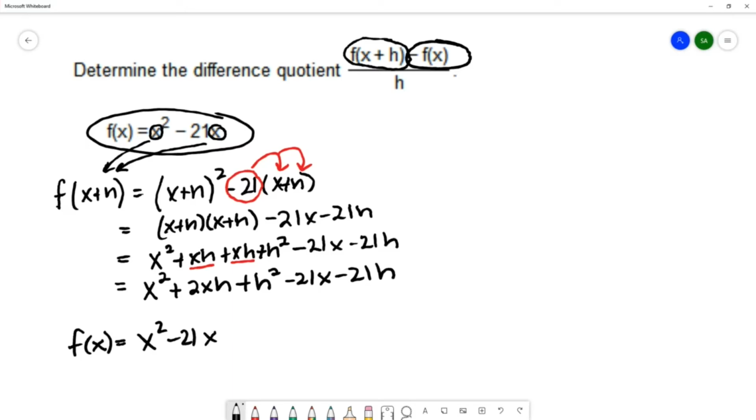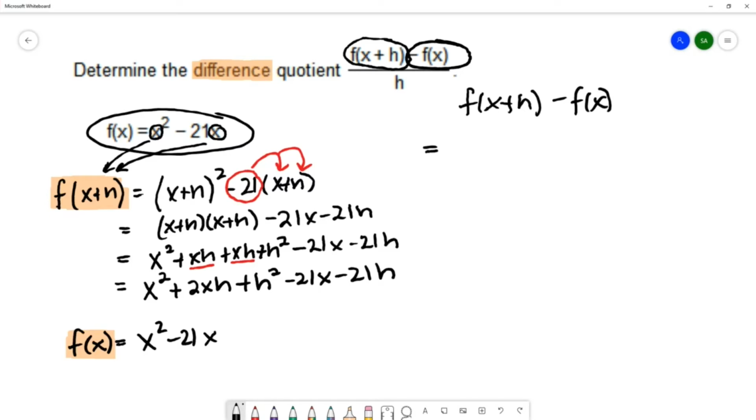So if we want to calculate the whole numerator, we want to subtract, that's the difference part, the difference in the name. We want to subtract f of x plus h minus f of x. So let's work that out. We have f of x plus h minus f of x. That's going to give us the whole numerator.